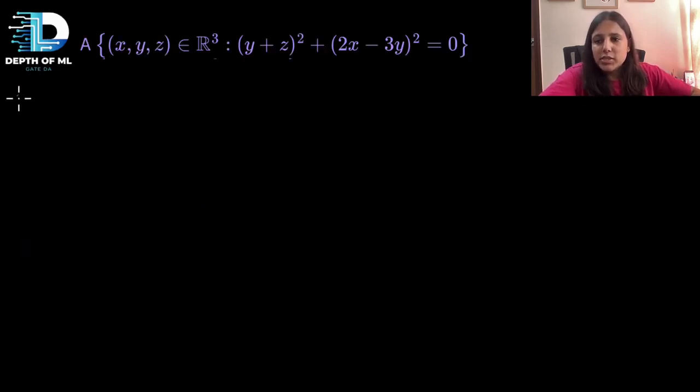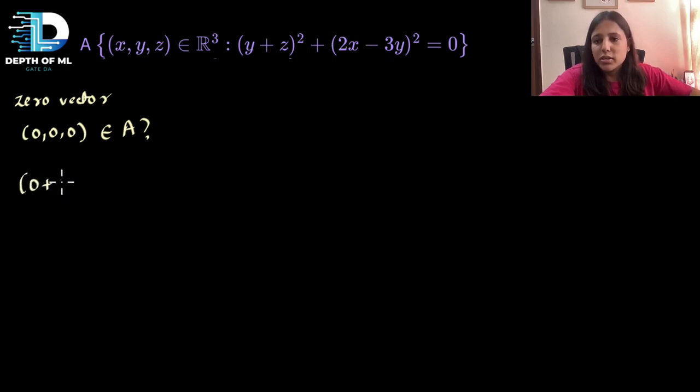First of all, I'll check for the zero vector. How will I check for the zero vector? I will take whether 0, 0, 0 belongs to A or not. So I have to satisfy this equation. I'll put the values of x, y and z in this equation and see if it is satisfied.